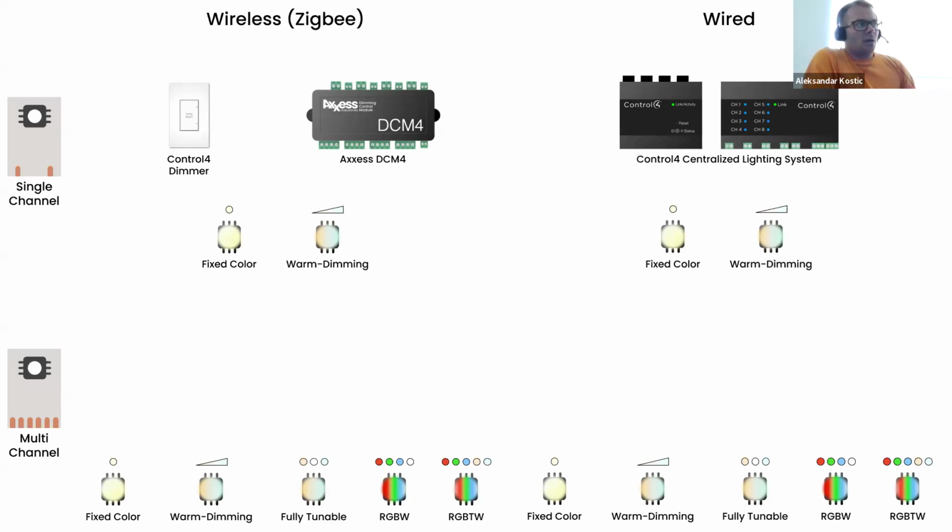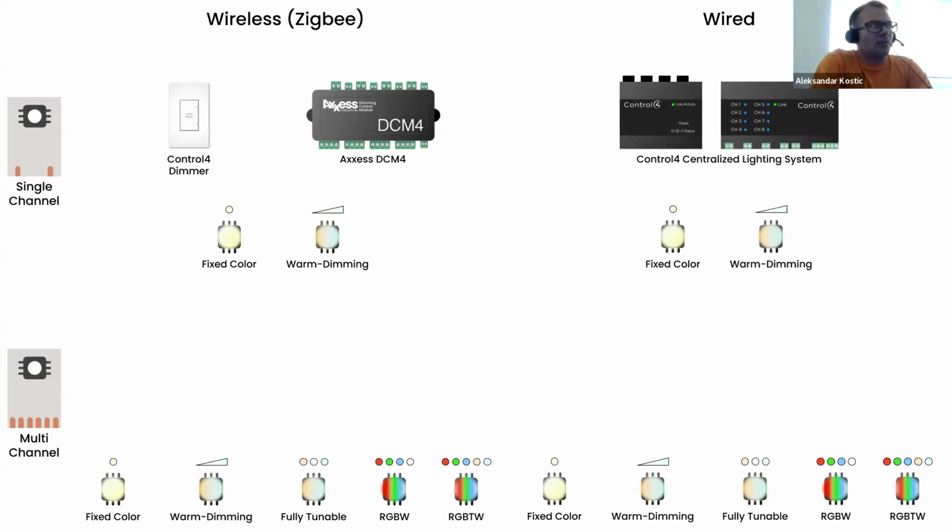Just remember right now at the beginning that DCM4 doesn't mean that you can connect 4-channel LEDs. It supports only single channel LEDs, but it acts like a hub, which means you can have 4 independent loads, 4 independent LEDs controlled from a single device, but they are all single channel.